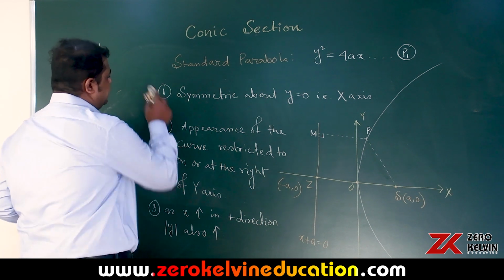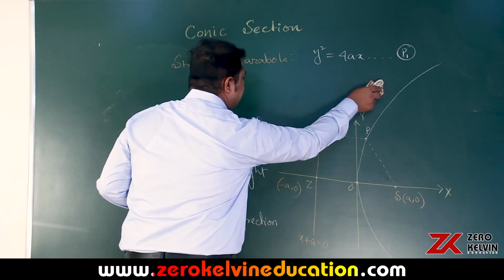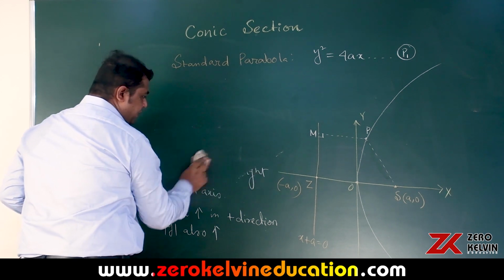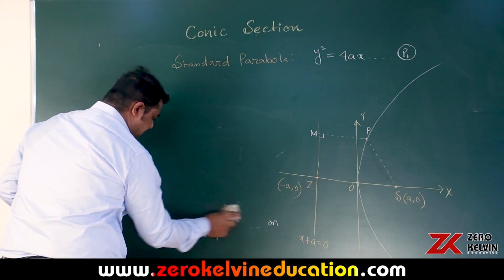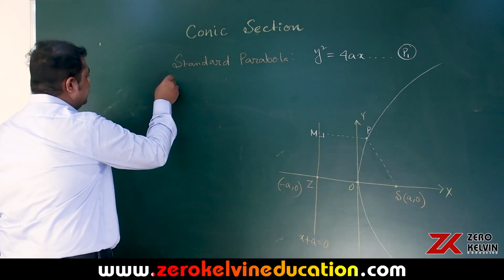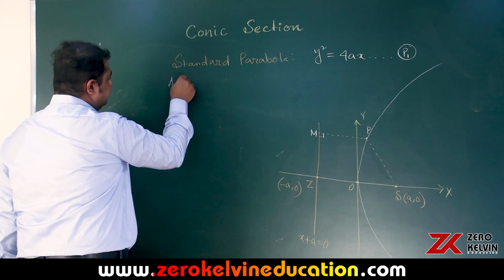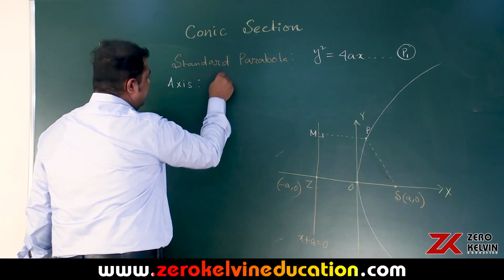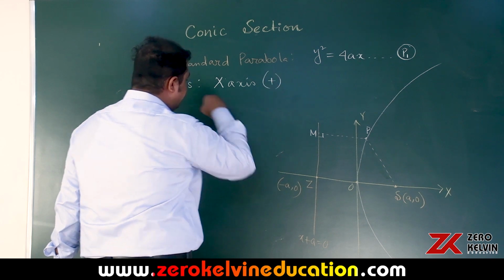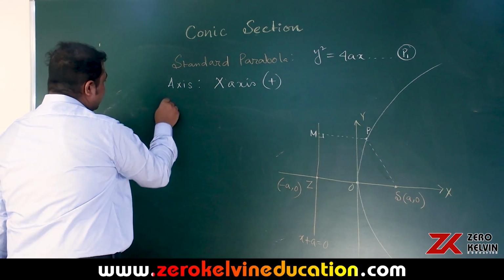Now, if we try to consider the references that we can have from y square equals to 4ax, like what are the other things than standardized axis and vertex? Already we have marked its axis was x-axis, more particularly positive x-axis.